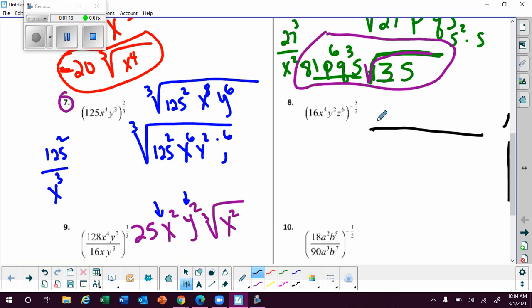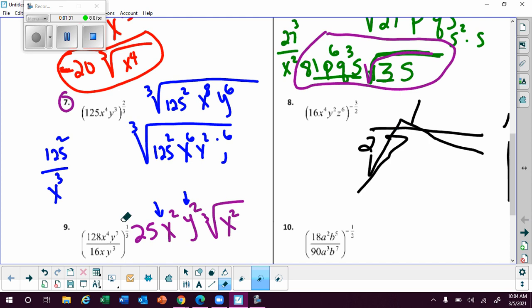So we have 1 over the square root of, oh my gosh, I don't need to write the square root. Hold on, guys.